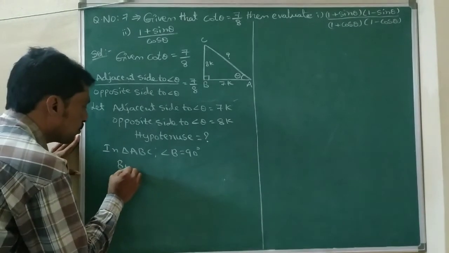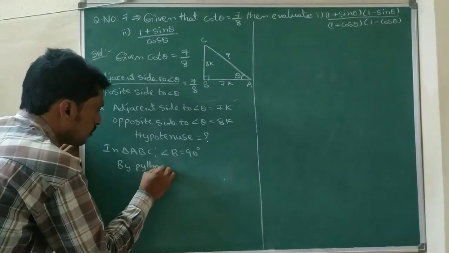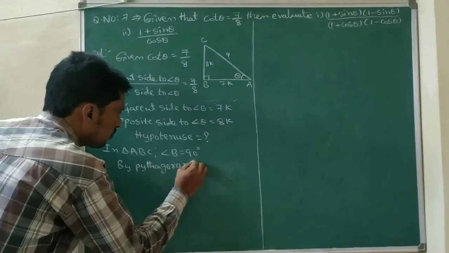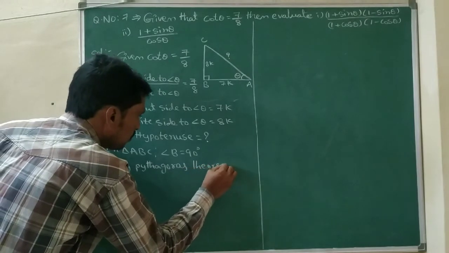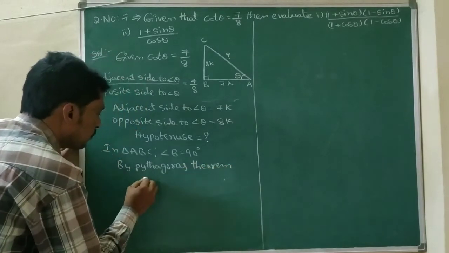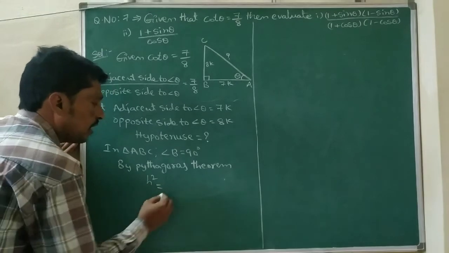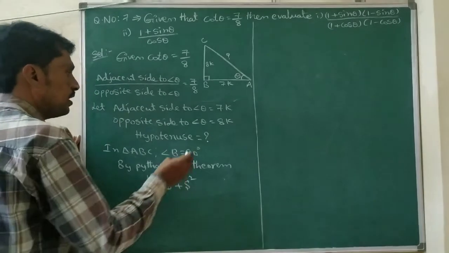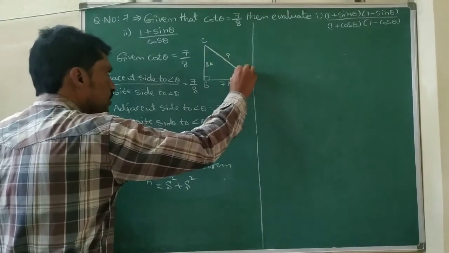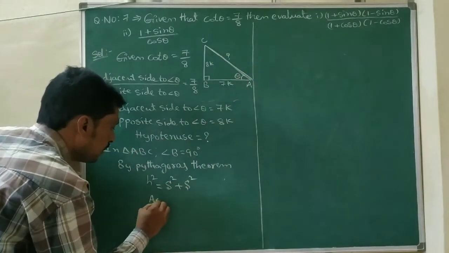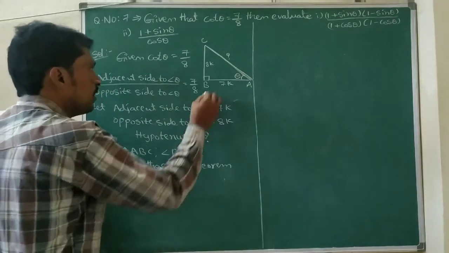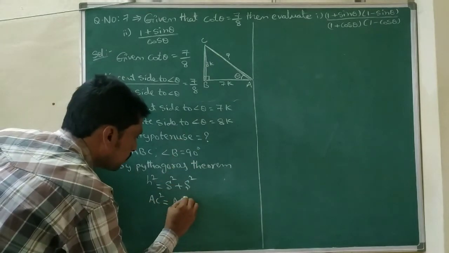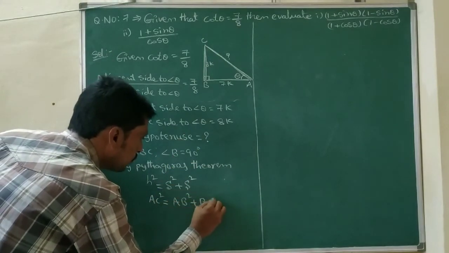So by Pythagoras theorem, hypotenuse square equals side square plus side square. In this triangle hypotenuse is AC. AC square equals one side is AB, one more side is BC. So AB square plus BC square.